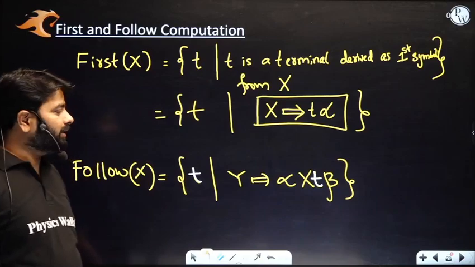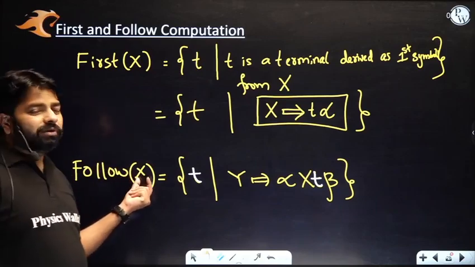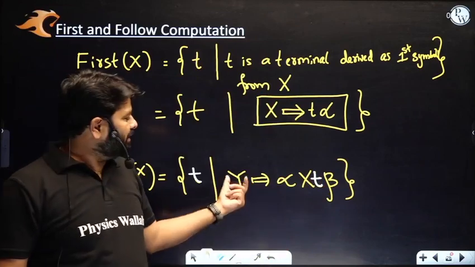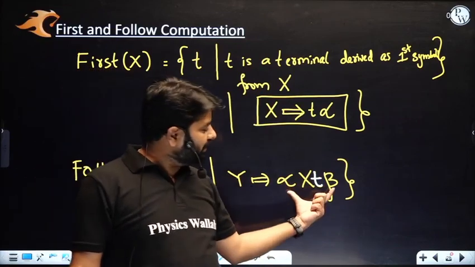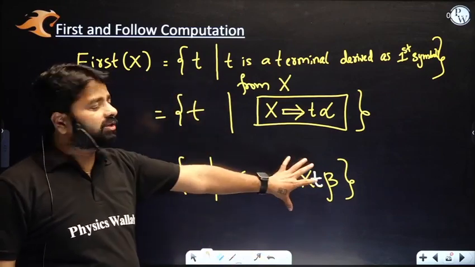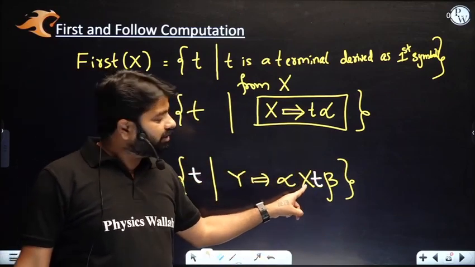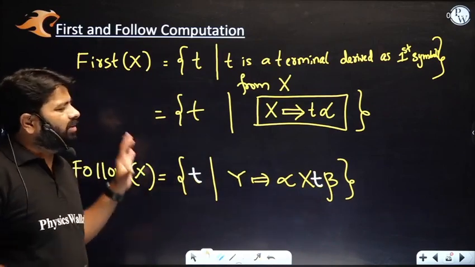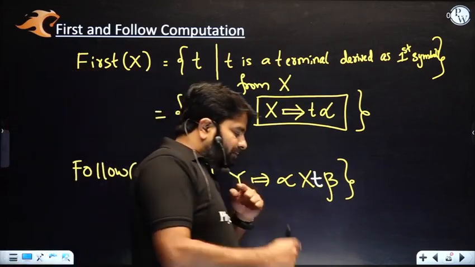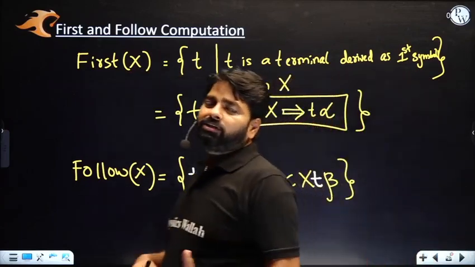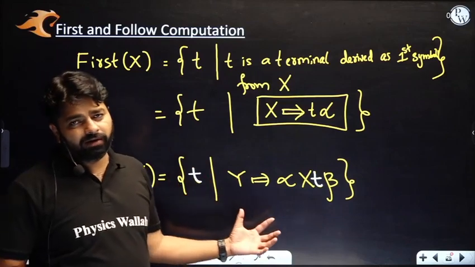We are going to look at examples too. So, I want to compute the follow of X, then after X who is there, you have to look at the whole grammar. It does not matter who is on the left side, you only look at the productions where you have X, and after X you have a T. So for every production having X, you need to compute the T after that X and put the T in the follow of X. Anyhow, I have explained with an example and given a definition in terms of a mathematical set. You can also write in English what the first and follow of X are.